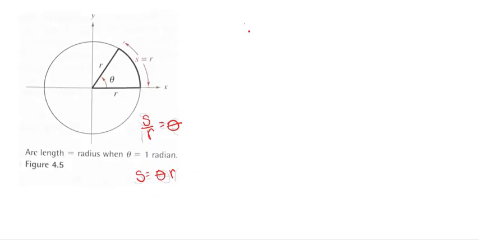Don't forget that 2 pi radians is 1 revolution, which is equivalent to 360 degrees. Therefore, pi is half a revolution, which is equivalent to 180 degrees. This second relationship is simplified, so we're going to use that as our ratio.